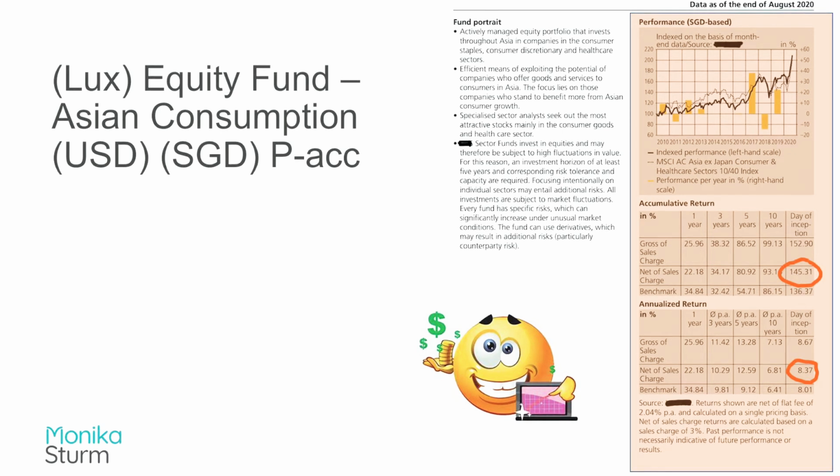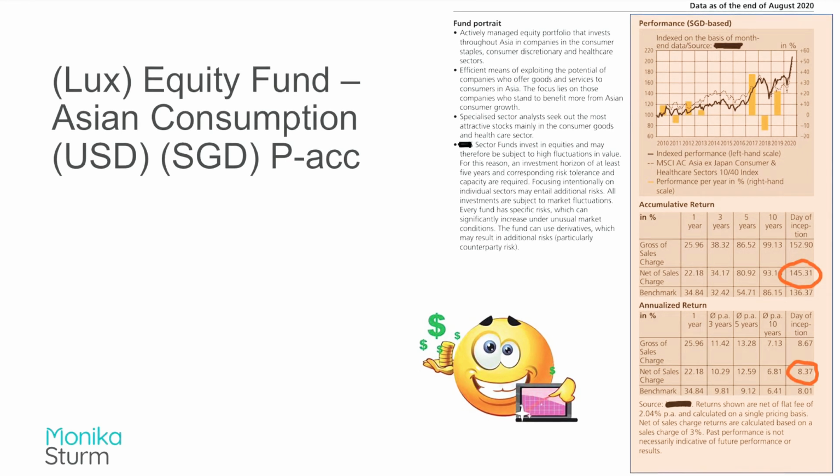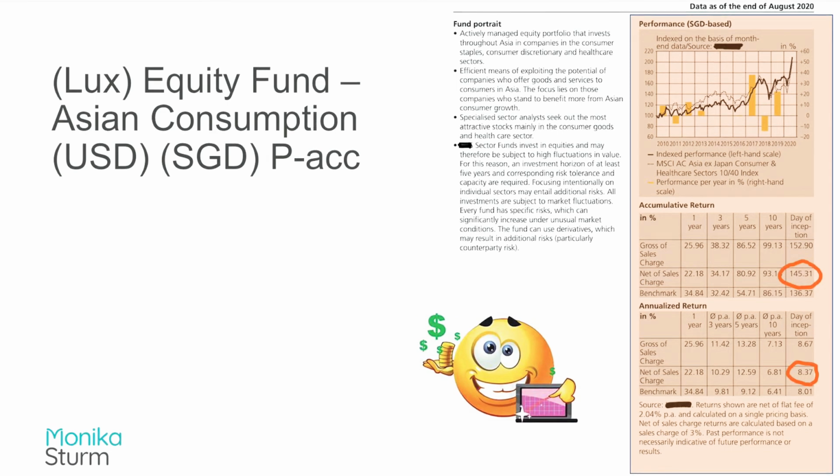Below, you find two tables. The first one is showing the accumulated return gross and net of sales charge over 1, 3, 5 and 10 years, and since the start of the fund. With 145%, with all fees deducted, the fund outperformed the index by 9% over roughly 10 years.